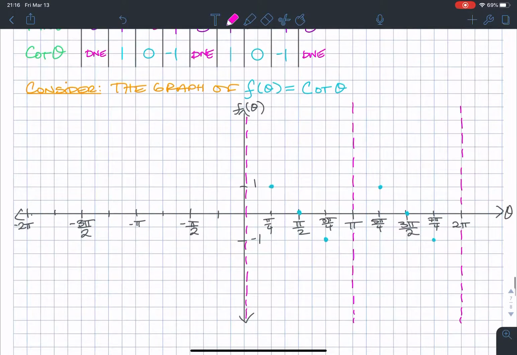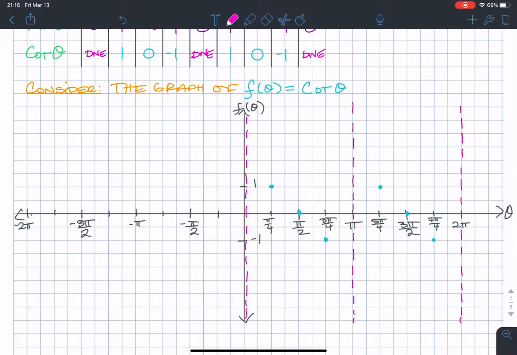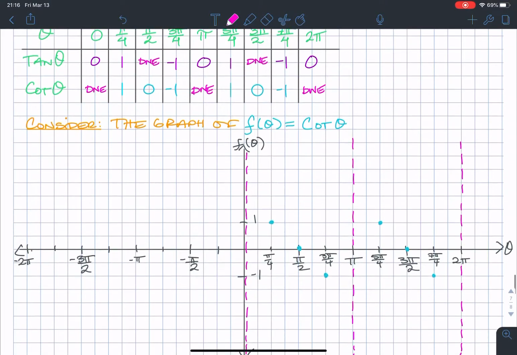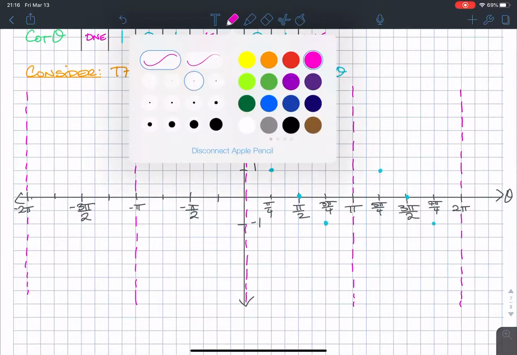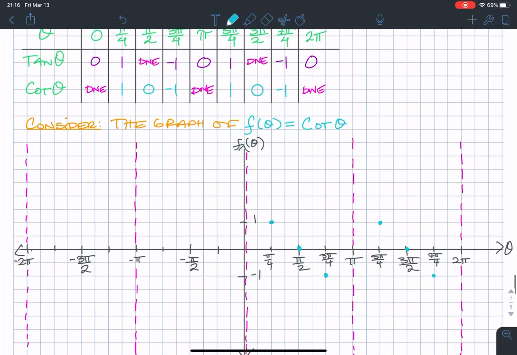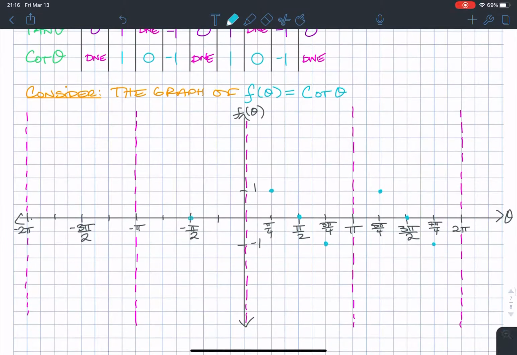Okay, so going backwards, if I note here what's going on, it looks like there's a vertical asymptote every time sine, or the denominator, is 0. So every pi units, there's a vertical asymptote going forward and backwards infinitely. I know that cotangent is 0 whenever cosine is 0, so that would be at pi over 2 and 3 pi over 2.